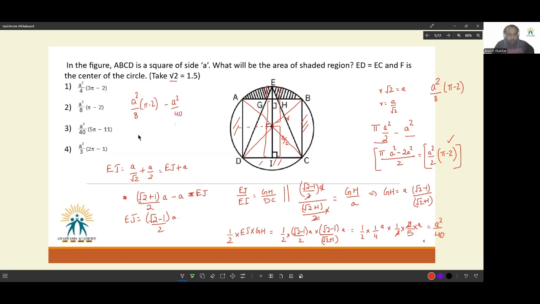So this will become 5 times A square by 40 into (5 pi minus 10 minus 1), or finally it simplifies to A square by 40 into (5 pi minus 11), which is given in the third option.